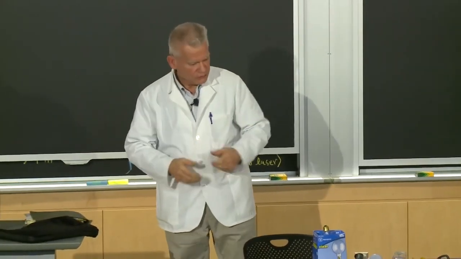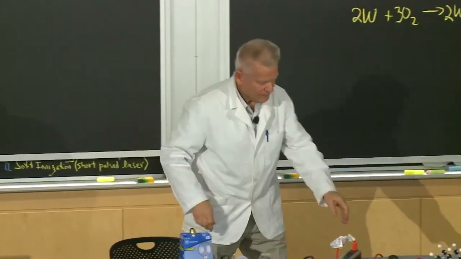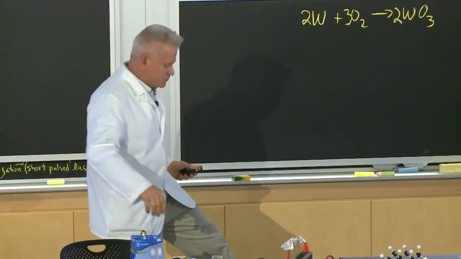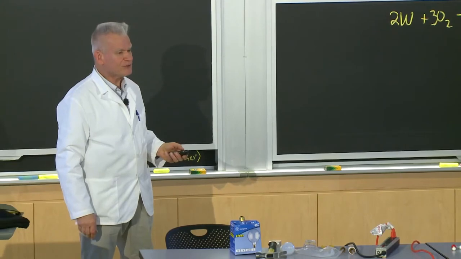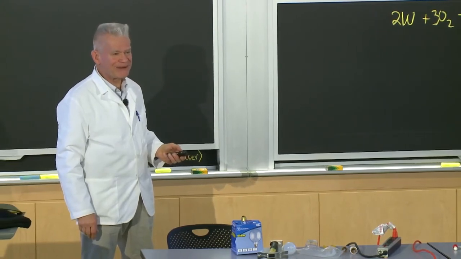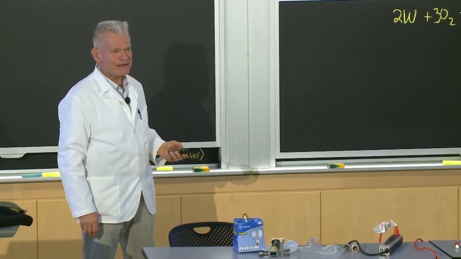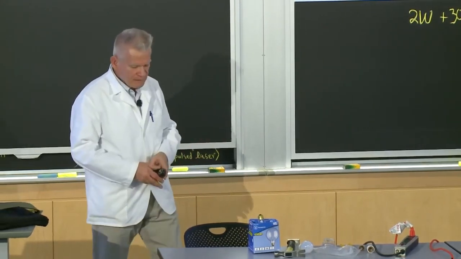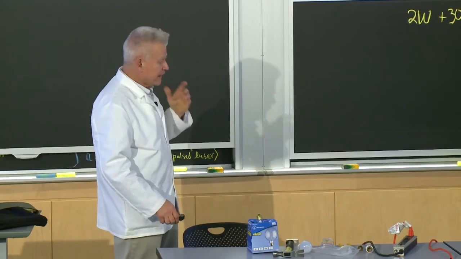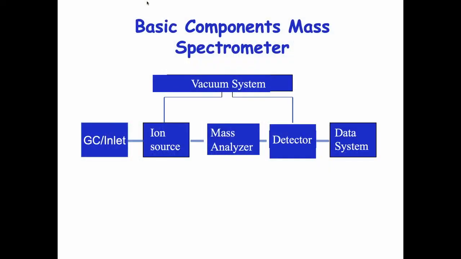And now we're going to get into the mass spec, which is pretty important because you're going to be using the mass spec to characterize your ester products in this lab. So the inside of the mass spec has several basic components.